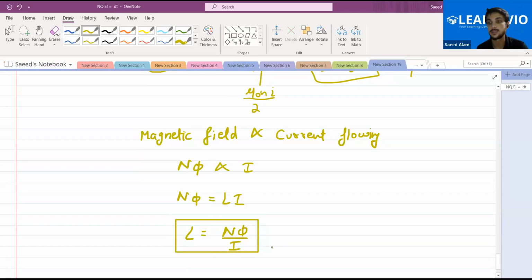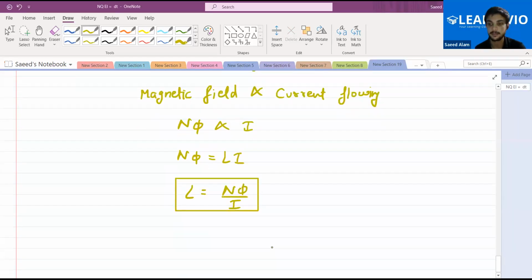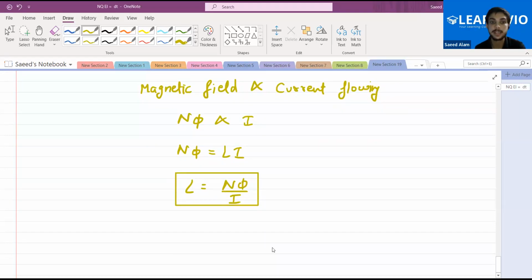This is actually the mathematical expression of self-inductance. Basically, we define it for other things also, but mostly you will see that we keep this for the particular inductor only. Understood? What is N here?